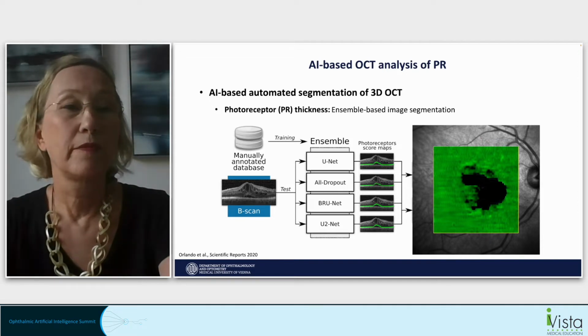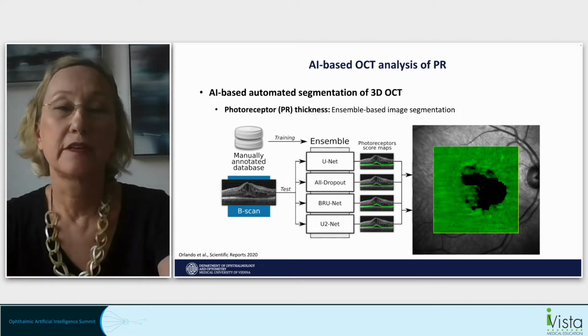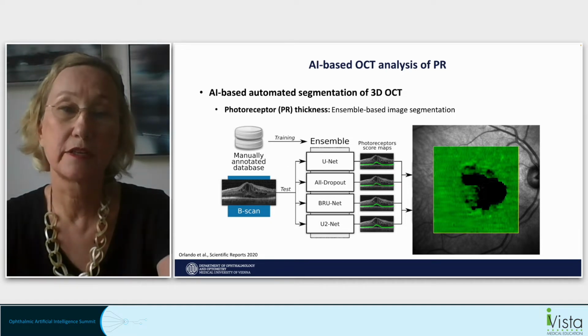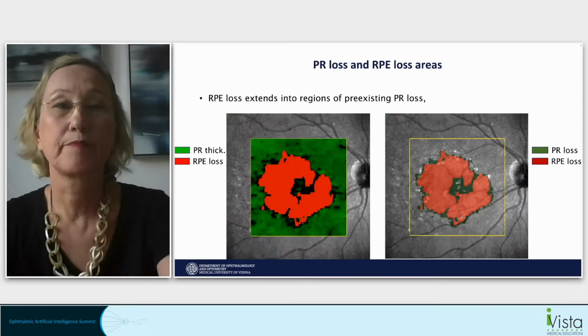And from a huge manually annotated database and using and validating 4 integrated convolutional networks, we were able to provide an ensemble-based image segmentation. That means the thickness map of the photoreceptor layer.